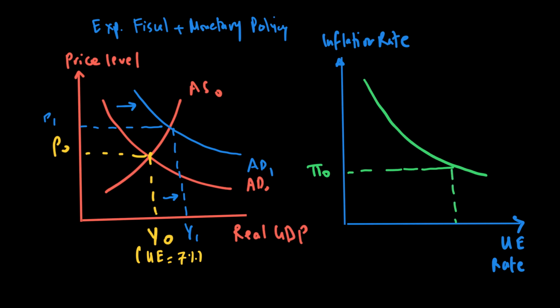So at Y0, we have unemployment of, let's say, 7%. So let me write this 7% here. So unemployment, U, is equal to 7%, and pi bar for inflation rate.